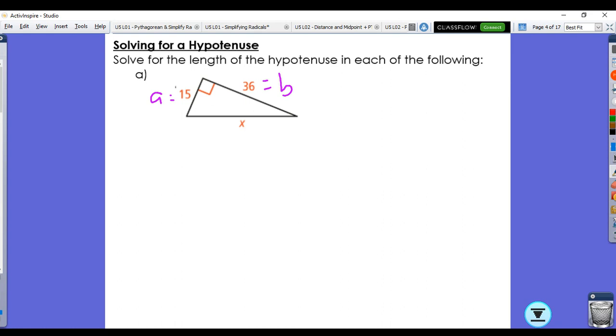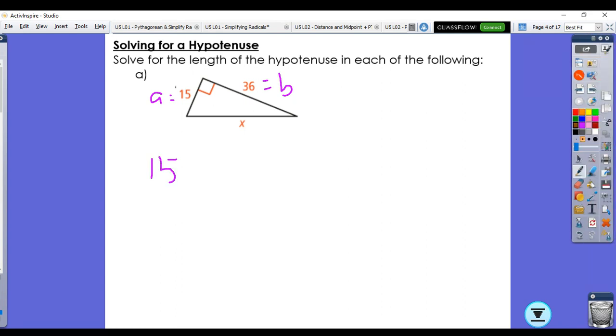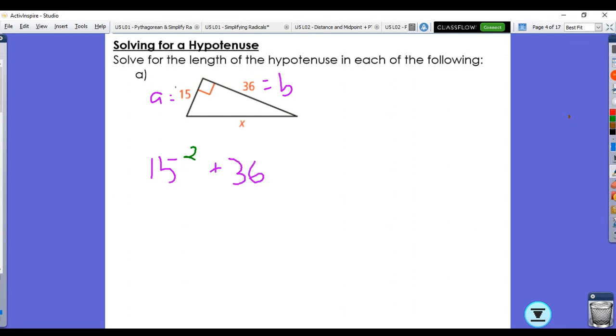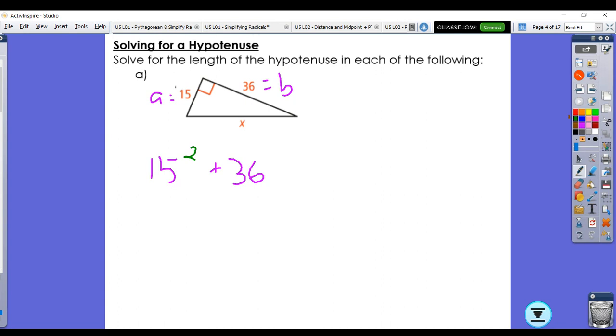Once we actually set this up, we're going to plug into A squared plus B squared. So we take our A value, 15, and then we square it. I'm just changing colors here. So if we square the 15, we'll figure out what that is in just a second. Then we take our B value, 36, so plus 36, and we square that as well.